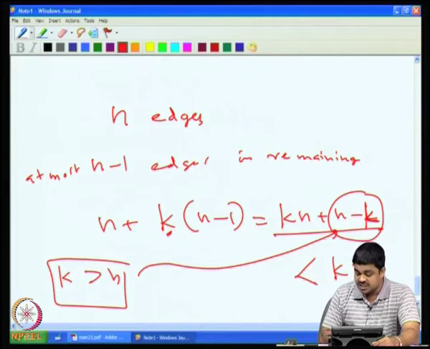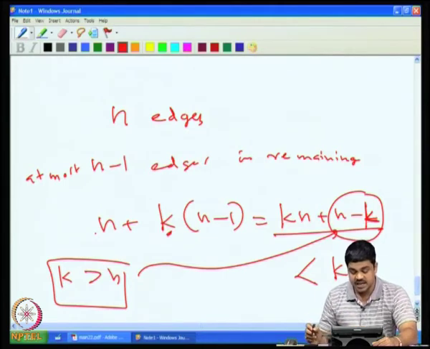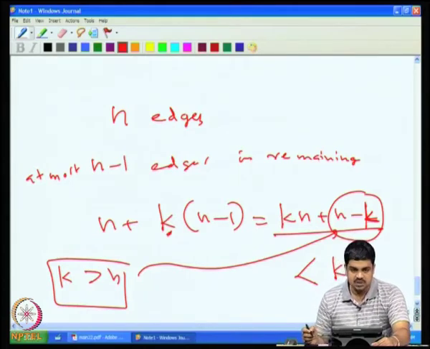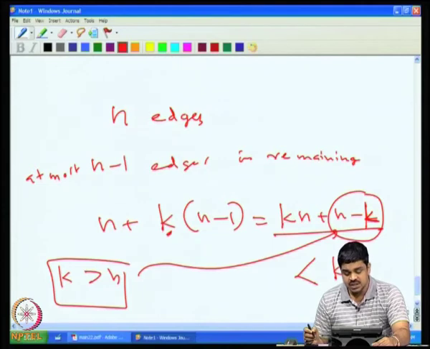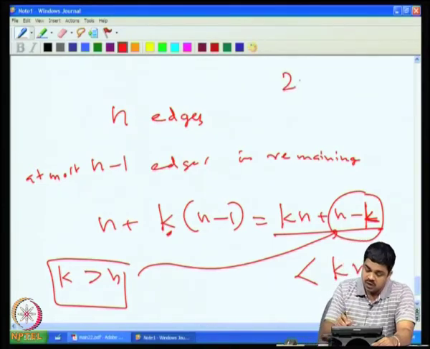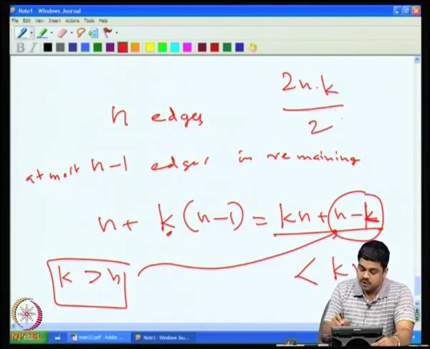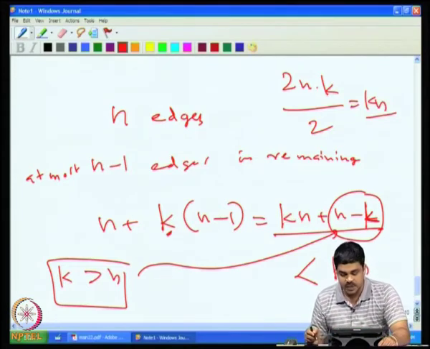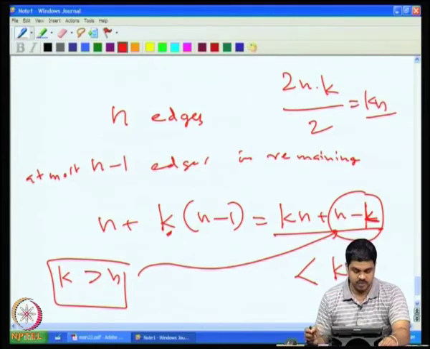If every edge is colored, then if I sum up the cardinalities of the color classes, it should give the total number of edges, right. And how many edges are there? There are 2n vertices, it is a k-regular graph. So 2n times k divided by 2 equals kn edges should be there. Now we are saying that when you sum up the cardinalities of all the color classes, we get something strictly less than kn, which is a contradiction, which cannot be true.